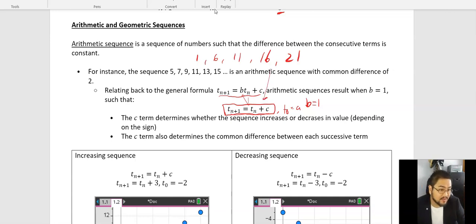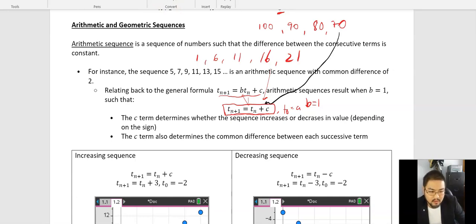But if you had a sequence that was decreasing, say for example 100, 90, 80, 70, this sign would be negative. In fact, this sign would be plus 5 for this sequence, and for this sequence it would be minus 10. So c pretty much tells us the common difference.